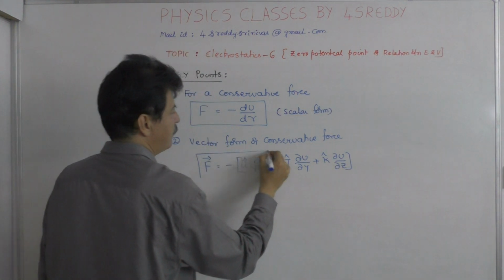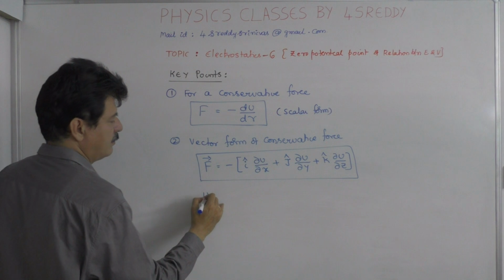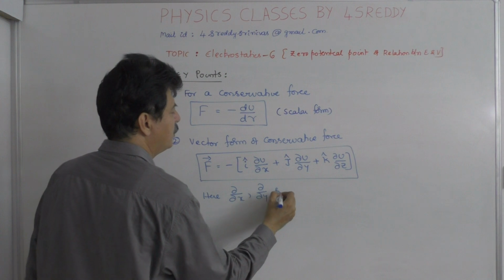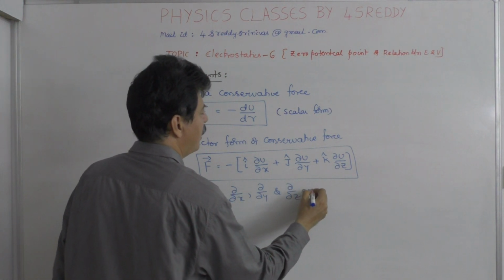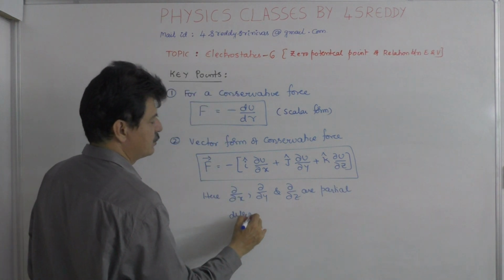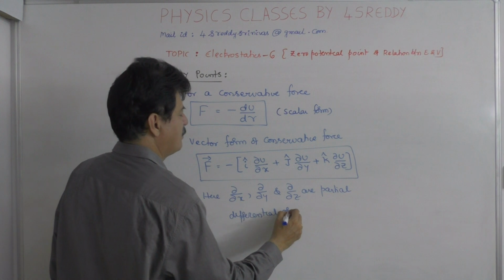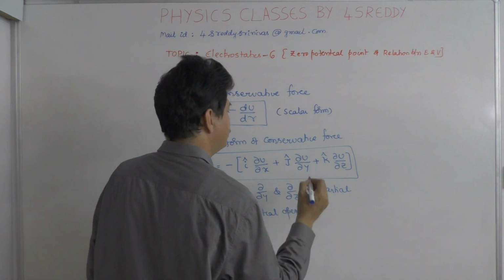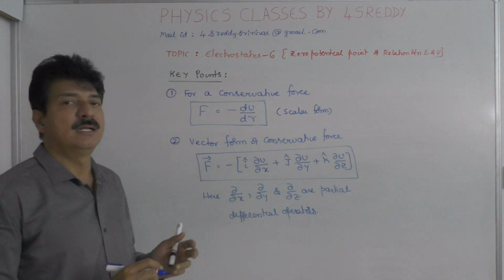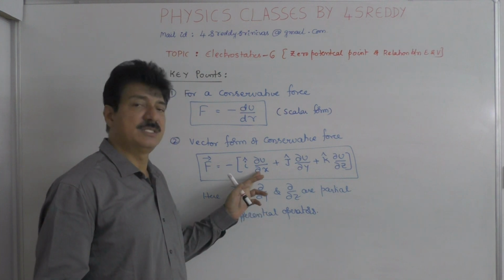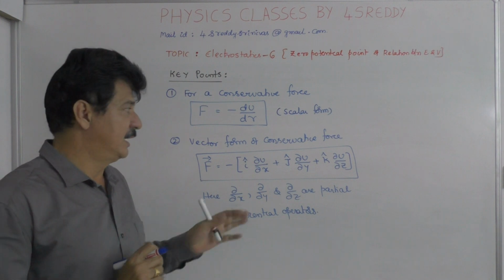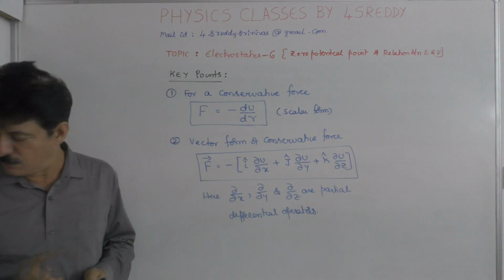Here, dou by dou x, dou by dou y and dou by dou z are partial differential operators. In a partial differential operator, generally if U is a function of x, y, z, then if it is differentiated with respect to x, y and z should be taken as constant. That is the vector form of the conservative force.